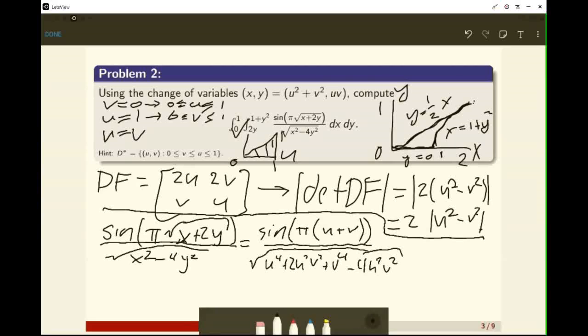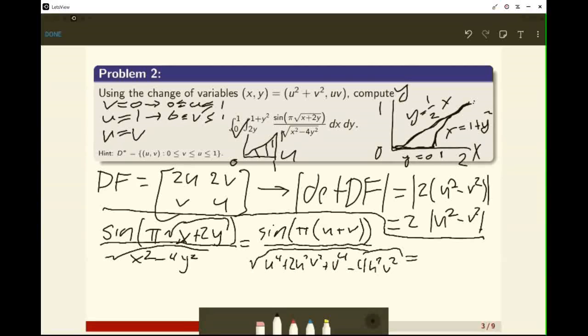And here we can see that we've ultimately got u to the fourth minus 2u squared v squared plus v to the fourth, which we can recognize as u squared minus v squared squared.